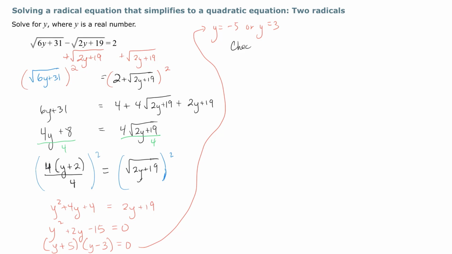What we're going to do is check this original expression here: 6y plus 31 minus the square root of 2y plus 19. Let's first check y equals negative 5.